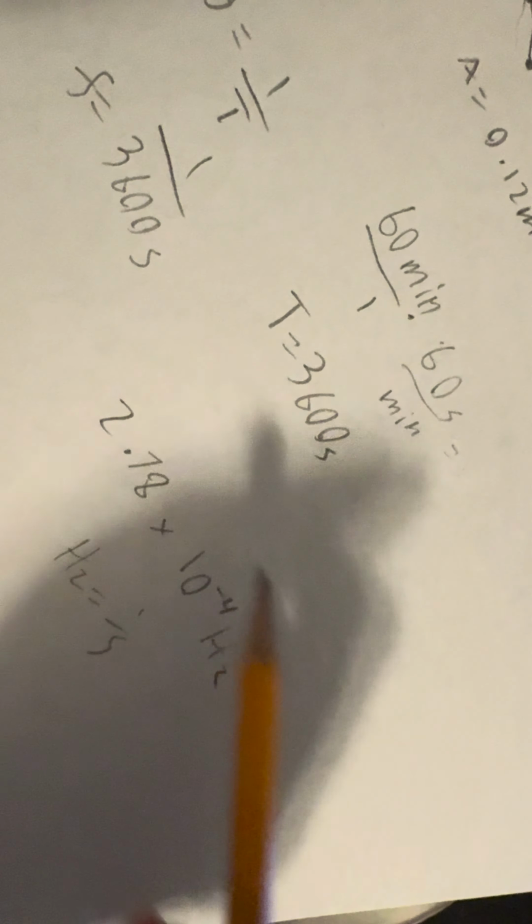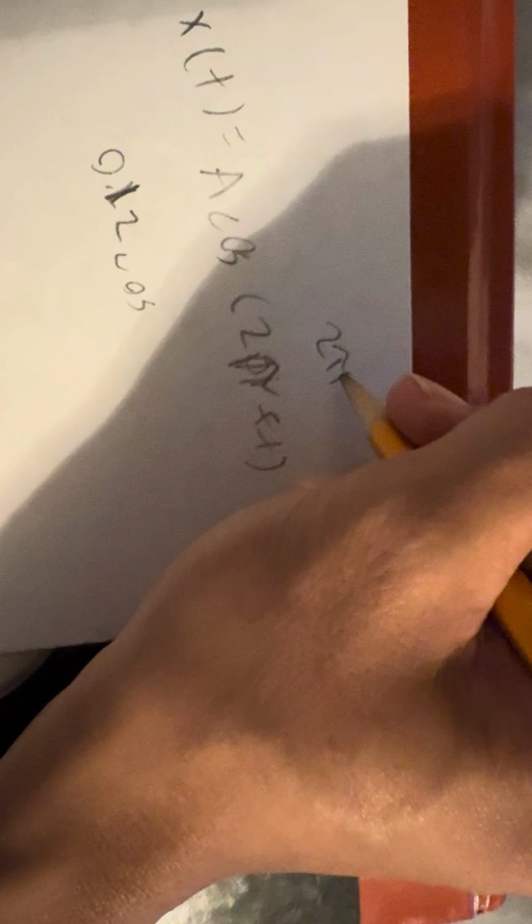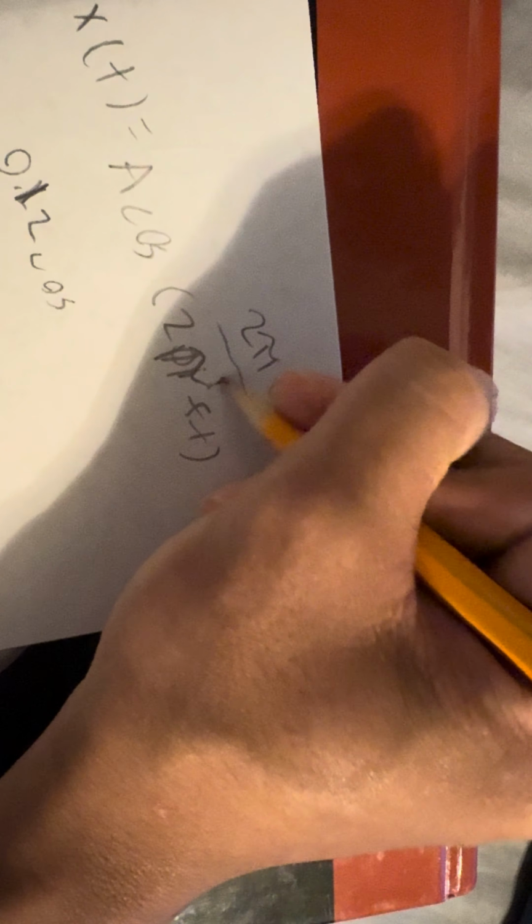Well, over here we have this really difficult number to write for frequency, but because we know frequency is also 1 over period, we could say that this can instead be written as 2 pi t over period.